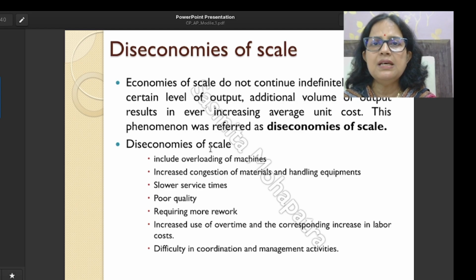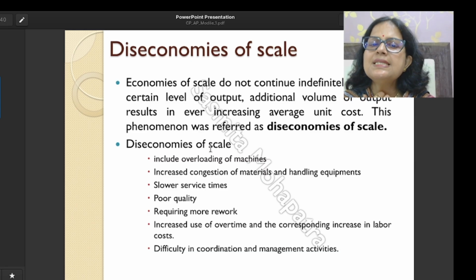We have to spend a lot on maintenance for wear and tear, and the machine efficiency also decreases day by day because of the heavy load. That is called diseconomies of scale. After a certain point, we should not give a lot of load and pressure to the machines. So this is called diseconomies of scale.